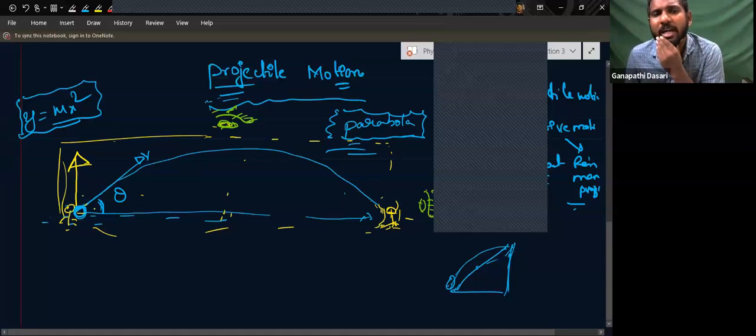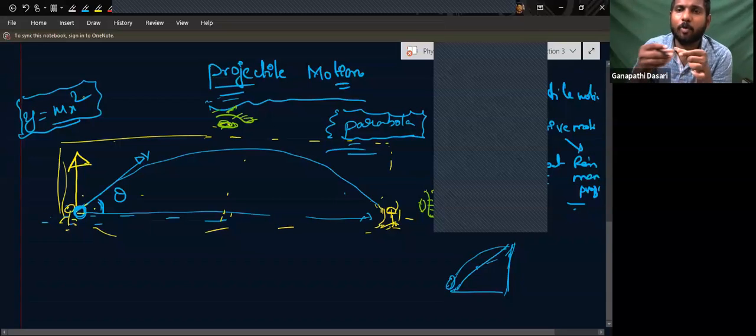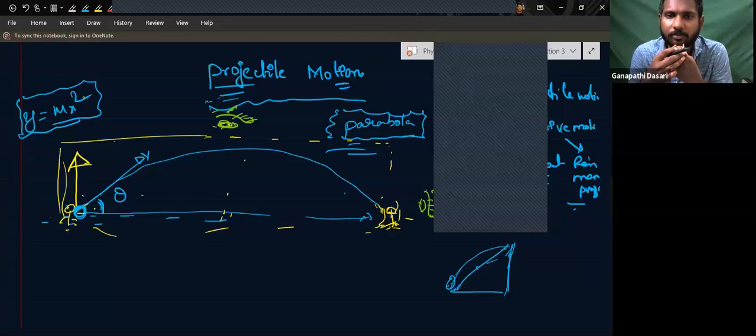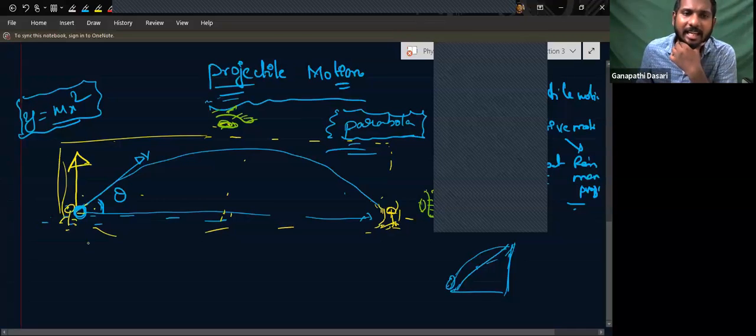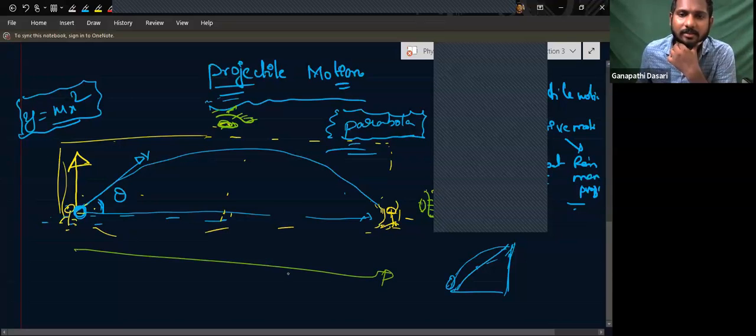Now what can Ujjwala see, which motion can Ujjwala observe? Entire thing is closed, you can observe only the top view. What can you observe, Ujjwala? The ball flying towards the right side, just traveling in a line like this. Ujjwala can see only this motion.